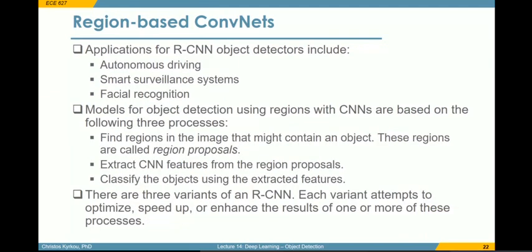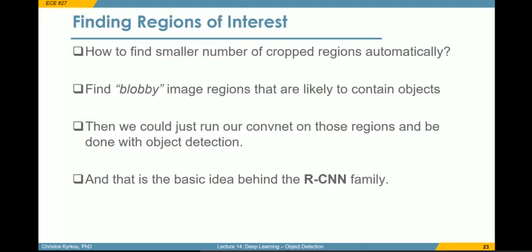And this is where the RCNN family of deep learning methods comes in. They rely on techniques that find promising regions in the image that have a high chance of containing an object. They extract the features and then classify each of these regions. There are different variants of RCNN that we will see, and each provides more improvement in terms of speed and accuracy. So what are region proposals and how do we find them?